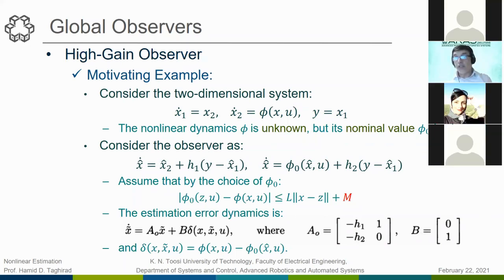There is some conservativeness. But remember the previous question that Zara asked: if you add some more detail here, it is mathematically more difficult in terms of the analysis. But the most difficult part is how to find these Lipschitz conditions, this Lipschitz gain.